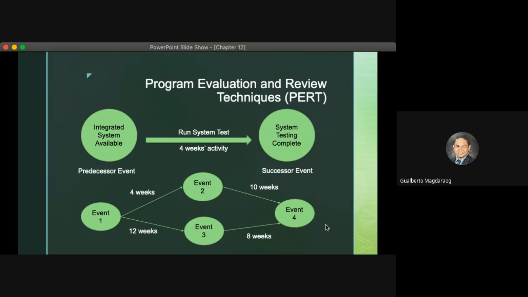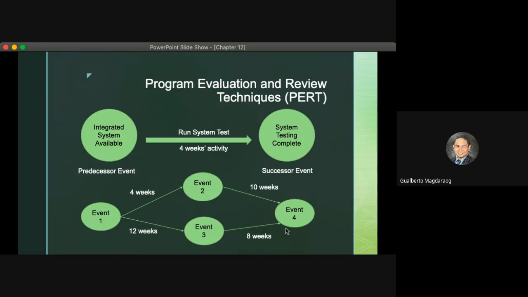So this is a typical example of a PERT analysis. We have 4 different events and 4 different arrows or lines, and each line represents the number of weeks that needs to be completed for the event to be completed. So for event 1 to event 2, we need 4 weeks. For event 1 to event 3, we need 12 weeks. For event 2 to event 4, 10 weeks.